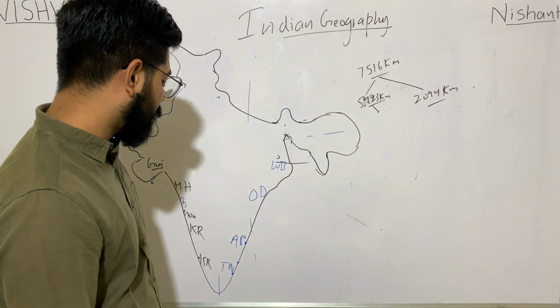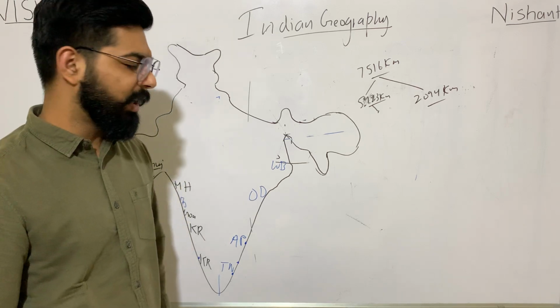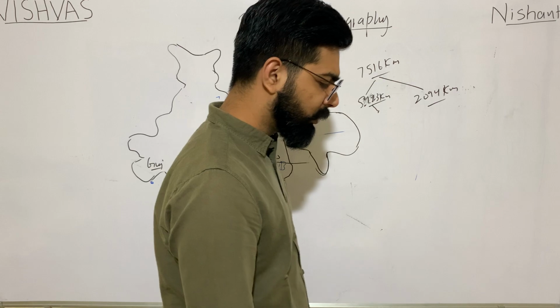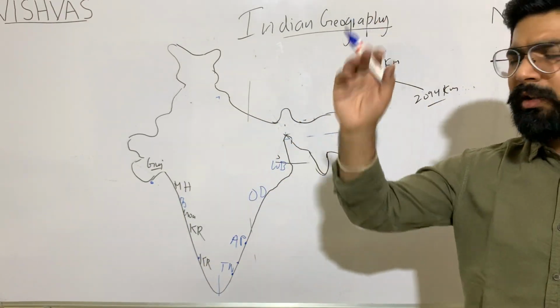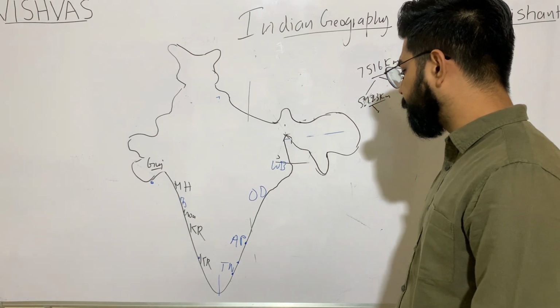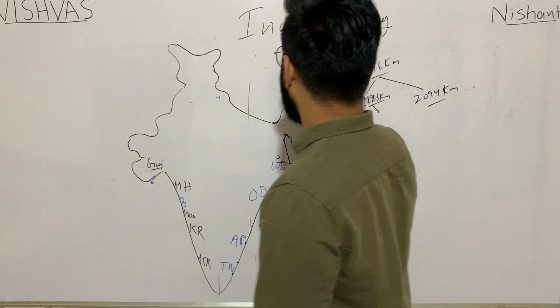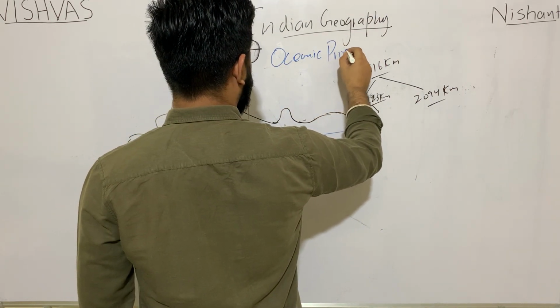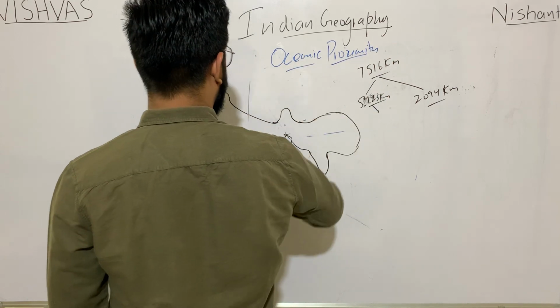The reason is that here it was the French culture. We usually studied in history that there was a French culture, and due to it we have to put it into a single territory. We will study it in modern history. So this is the oceanic proximity, or you can say coastal location.